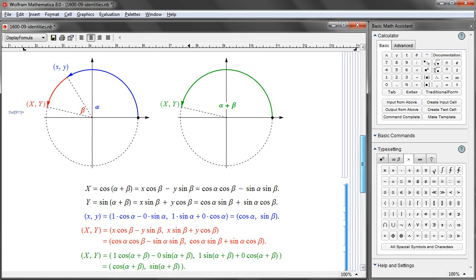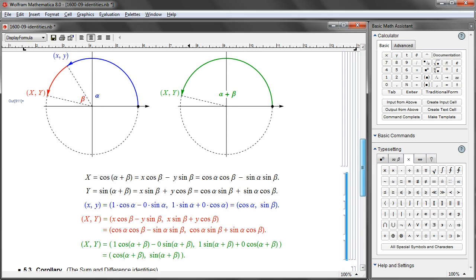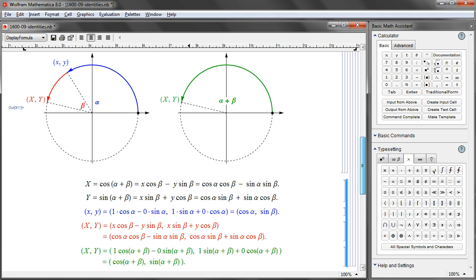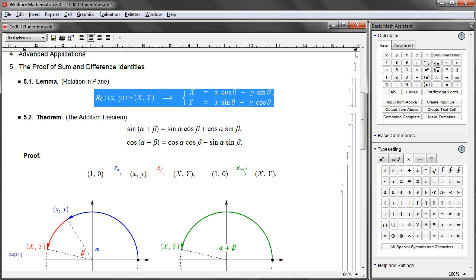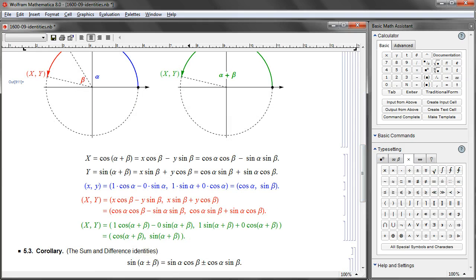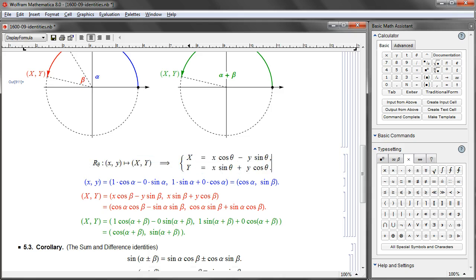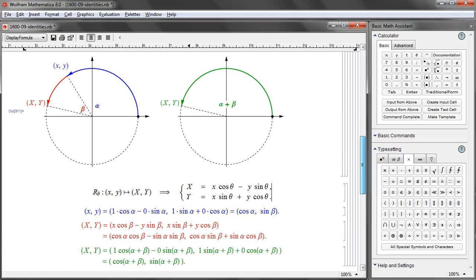Let's see. You can see everything in a single viewing window, barely. Now we start from (1, 0) and apply the rotation with respect to the origin by the angle alpha.